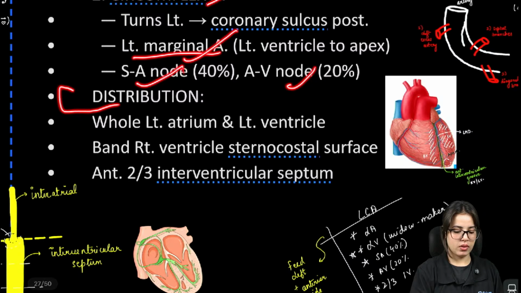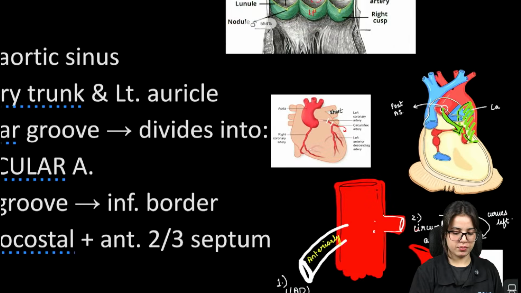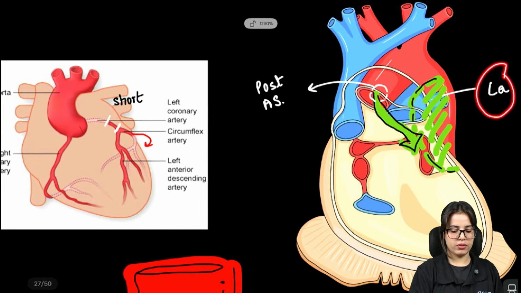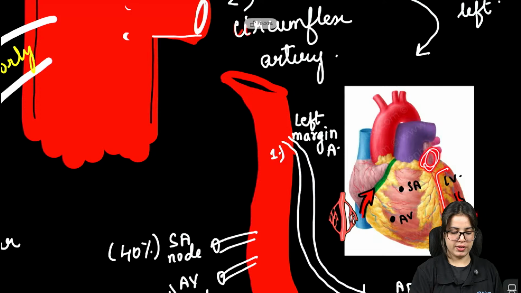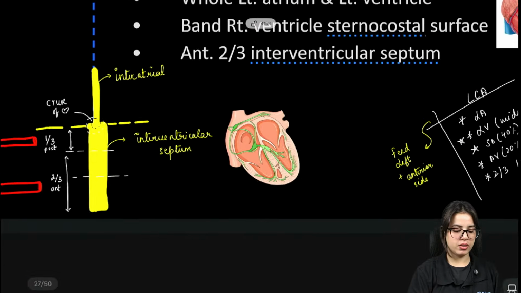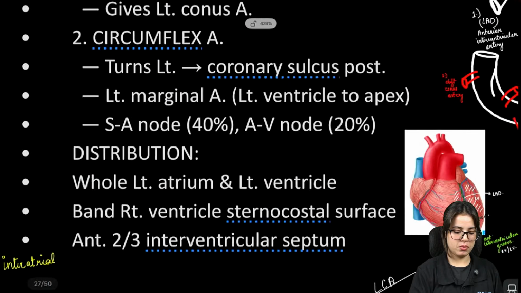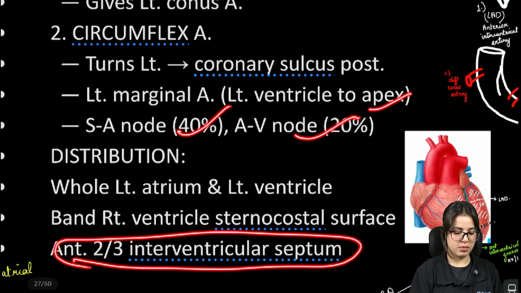Distribution: the whole left atrium, because of the left auricle, left ventricle, SA node, AV node, and 2/3 part of the anterior interventricular septum.